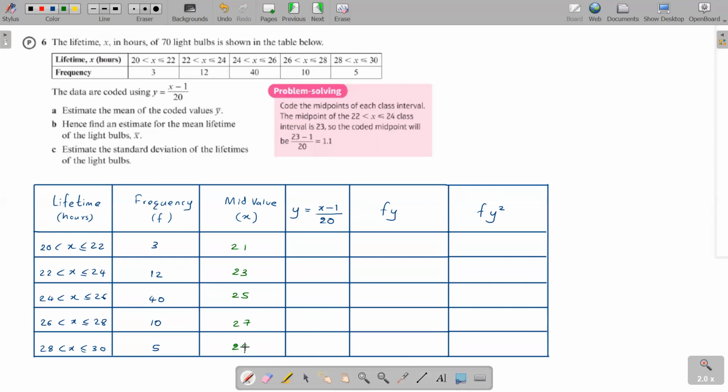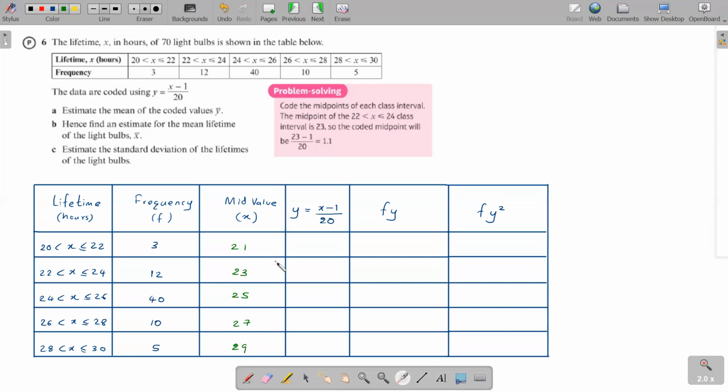Now we are going to perform the coding. They have told us how to perform the coding. You have to subtract 1 and divide by 20. So how does it come? The x value is 21.